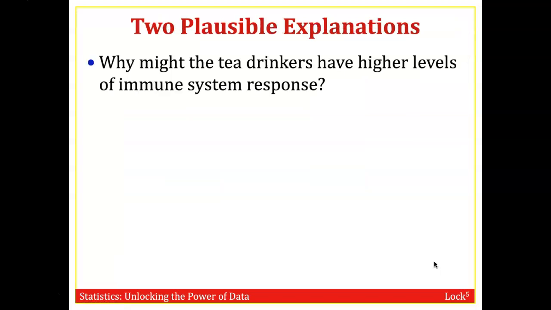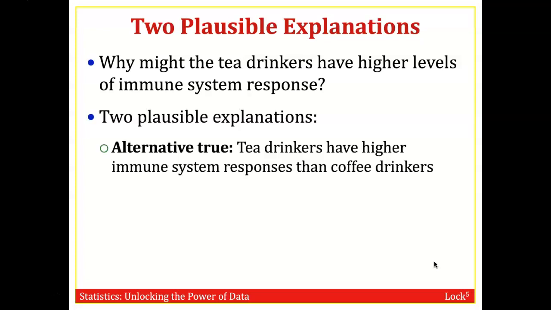So there are two possible explanations. Why might the tea drinkers have higher levels of immune system response? Well, the first explanation is the alternative or research hypothesis was true, that tea drinkers do indeed have higher immune system responses than coffee drinkers.